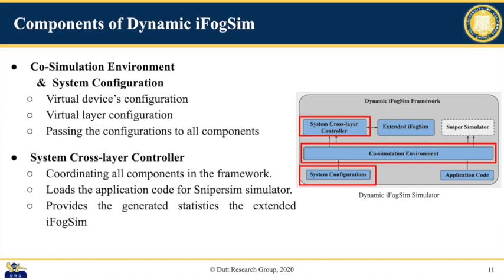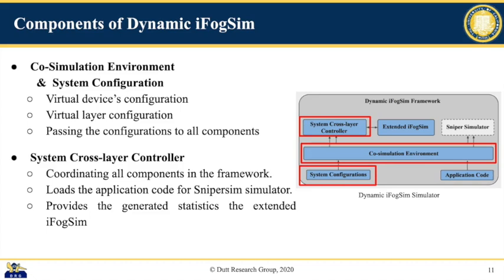The third and fourth components of dynamic iFogSim are configuration components. This platform needs to configure lots of things, so the core simulation environment and system configuration can configure the virtual devices and virtual layers too, so they can pass this configuration to all components.